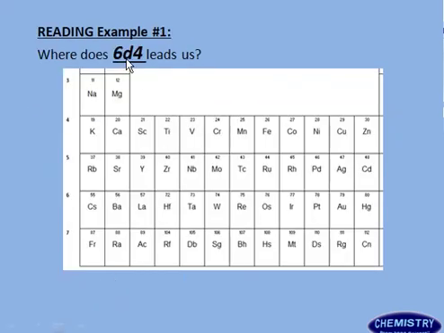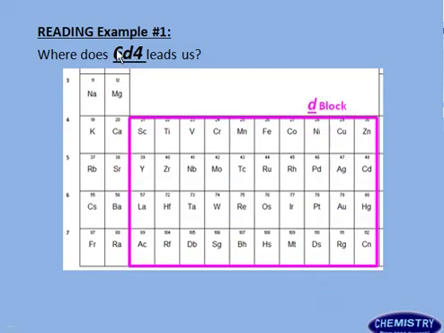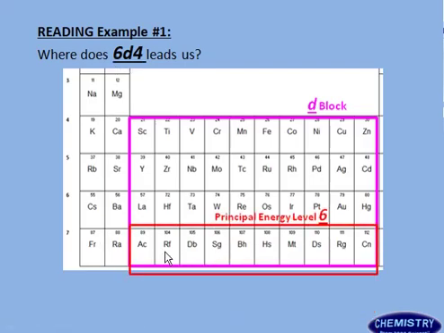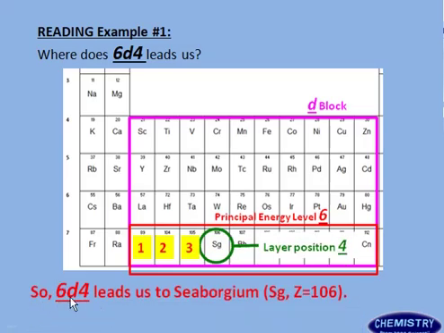So where does 6D4 lead us? Again, starting with the block, because the block will drive principal energy level. Principal energy level 6 in the D block is down here. Remember, this is period 7, so the principal energy level shifts up 1, principal energy level 6. So principal energy level 6 in the D block, and position 4 leads us to seaborgium. 6D4 is the element address for seaborgium in its ground state.